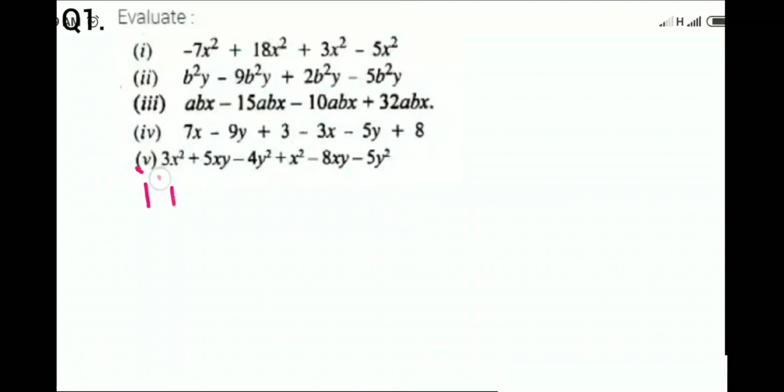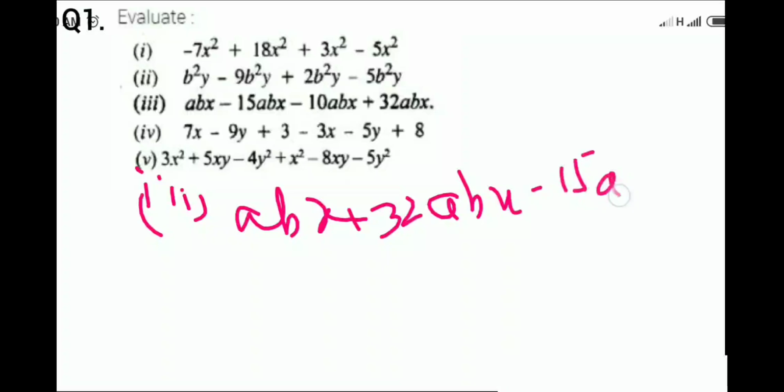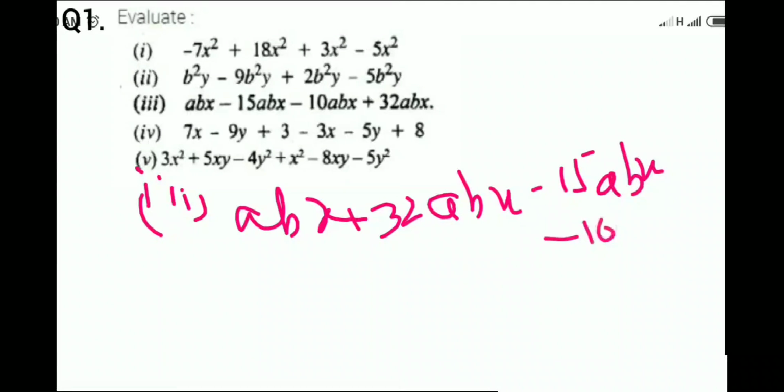Number 3, abx plus 32abx minus 15abx minus 10abx.